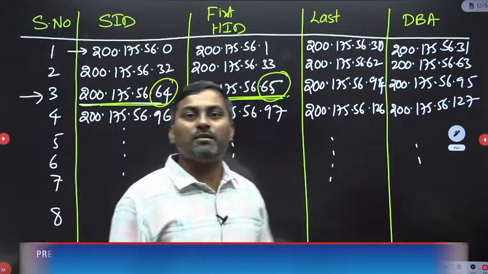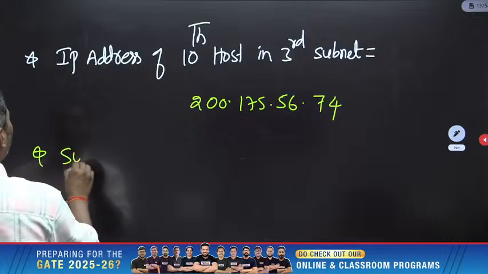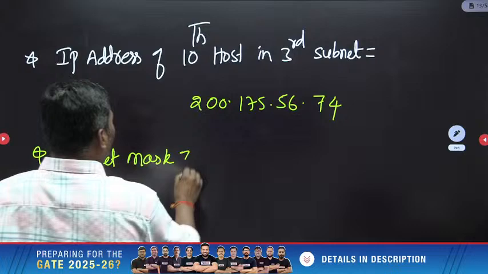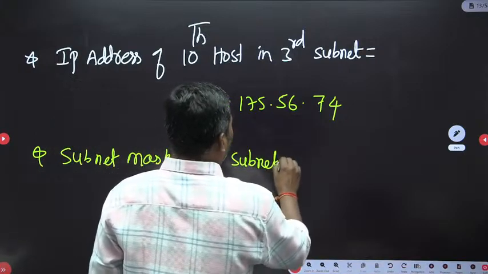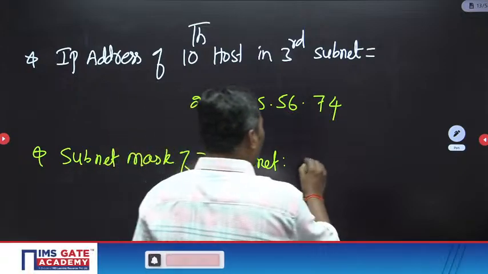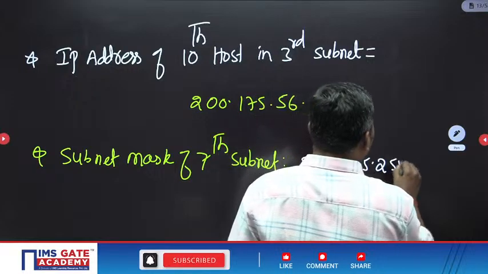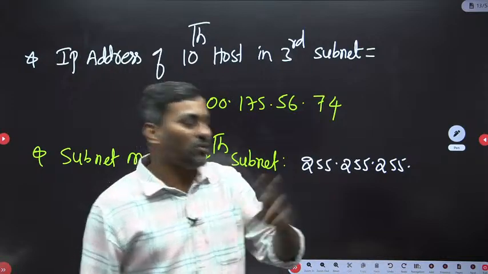Now what is the subnet mask? Suppose I ask the next question: the mask of the 7th subnet. Since all subnets are the same size, correct or not? 255.255.255, class A network. They made it 8 subnets, 3 bits required, 3 bits should be high.